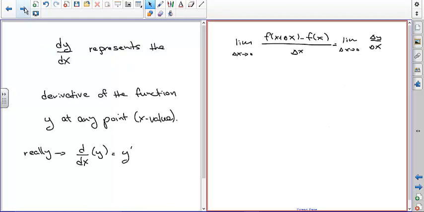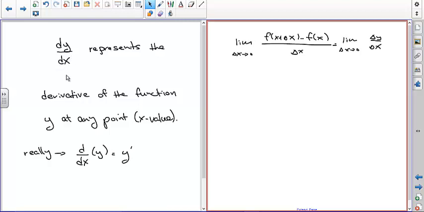So if you remember back when we talked about the limit definition for the derivative, it was the limit as delta x goes to 0 of f of x plus delta x minus f of x divided by delta x. Another way of writing that is the limit of delta y over delta x as delta x goes to 0. So this delta y over delta x is kind of like dy over dx.